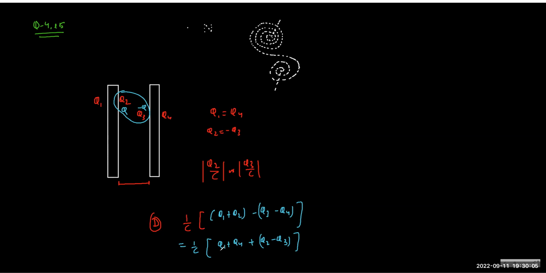Wrong. Yes, it is wrong. Just a moment. This is also correct. So this will also not qualify to be the potential difference. Let me just check the answer.